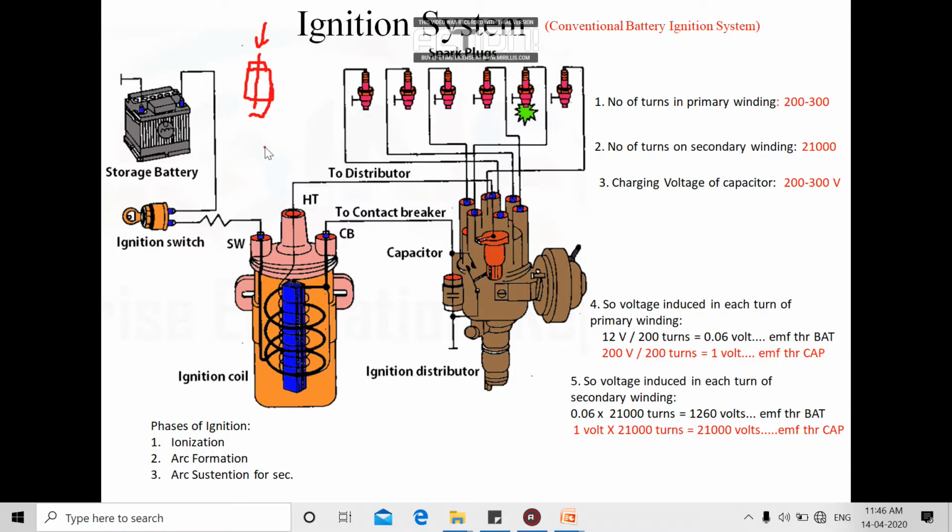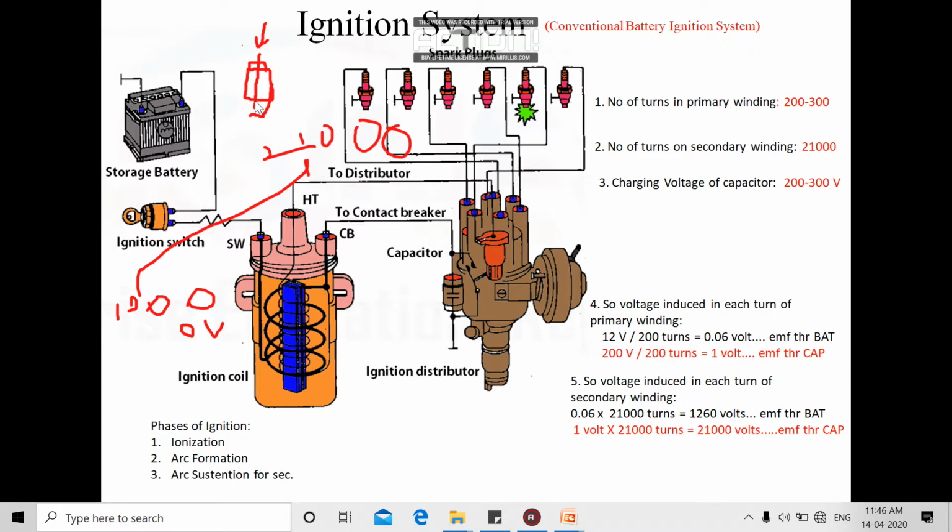For example, out of this 21,000 volts, 10,000 volts get used just for the ionization of the charge present in the air gap between the two electrodes.